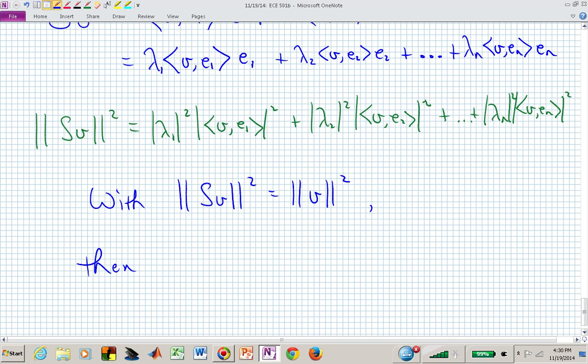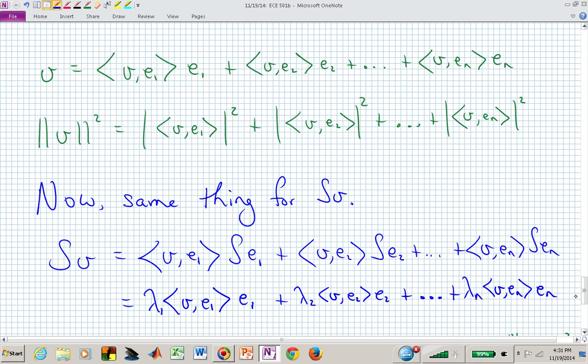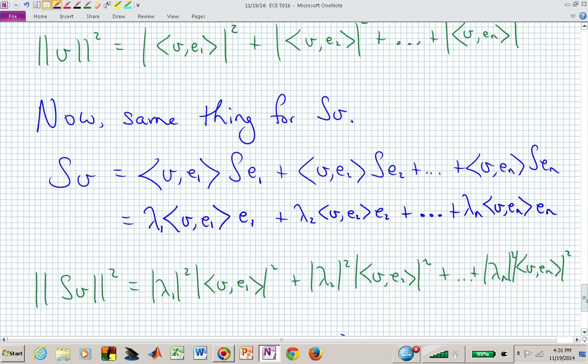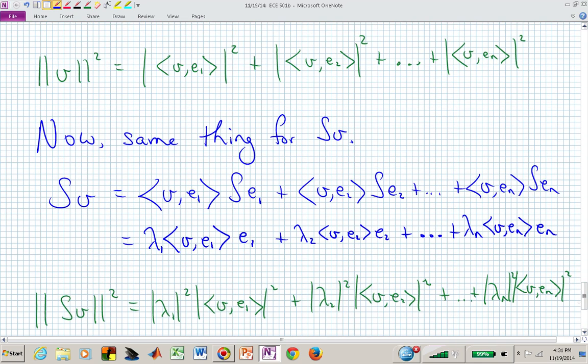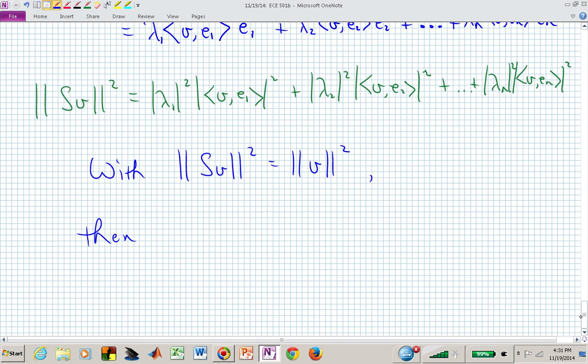They all have to be 1, don't they? Since this right-hand side in green needs to equal this right-hand side in green, and the only difference in that expression are these lambdas squared. And the only way that the top right-hand side can be equal to the bottom right-hand side is for all of those lambda sub j squared to equal 1 for all j.